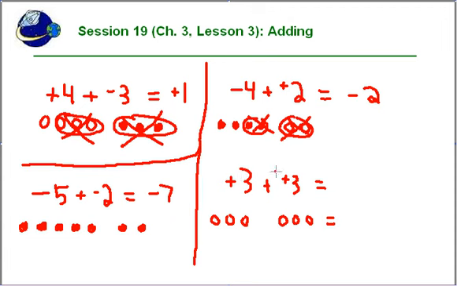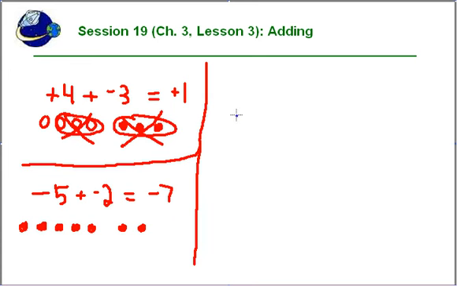Are there any negative numbers here being added together? No. Therefore, there are no antiparticles being added. So if we start off with 3 particles and add 3 more, how many do we have altogether? We have 6. And remember, 6 is the same thing as plus 6 or positive 6.